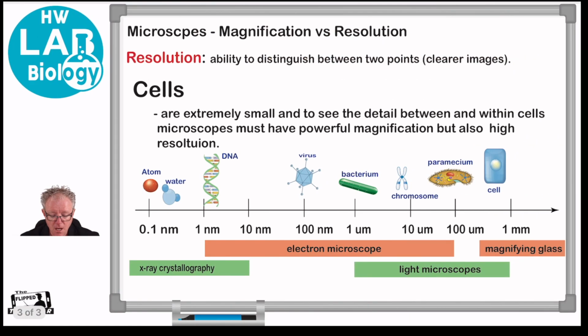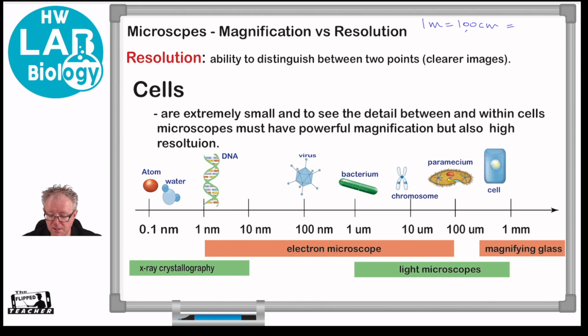Alright, the last slide here is about orders of magnitude, as they call it. We need to understand that microscopes can see very small things, and we're going to come across some new ways to measure length. You guys are very familiar with millimeters. You know that 1 meter is 100 centimeters, and 1 centimeter is 10 millimeters.